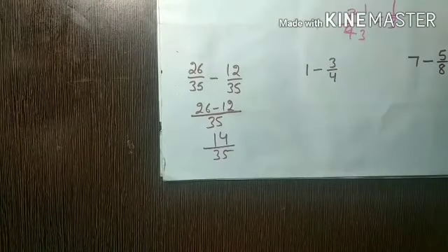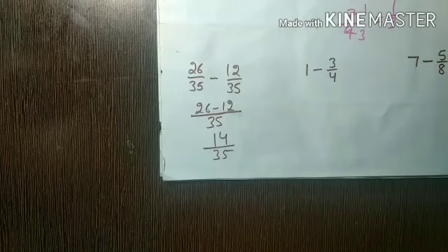Now if you remember the table of 7, then on the table of 7 you will get both 14 and 35. So count the table of 7: 7 ones are 7, 7 twos are 14, 7 threes are 21, 7 fours are 28 and 7 fives are 35.